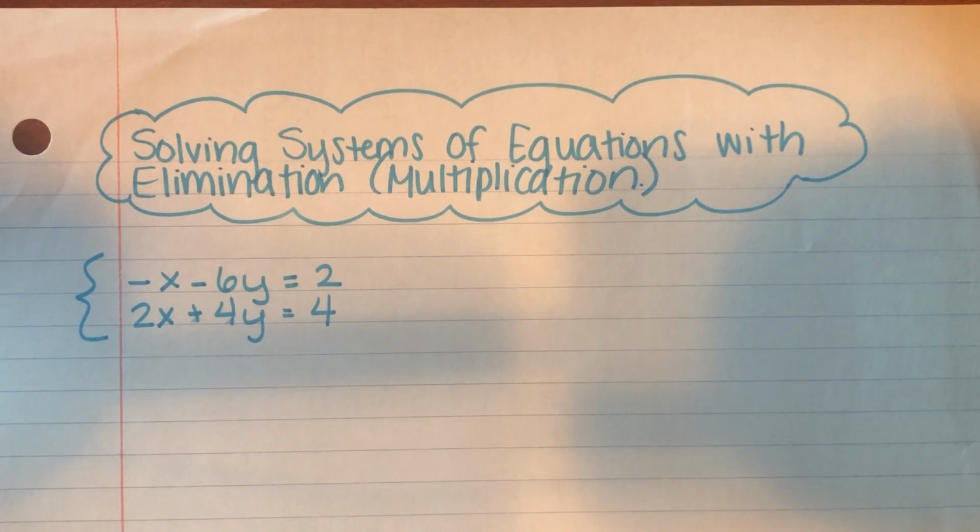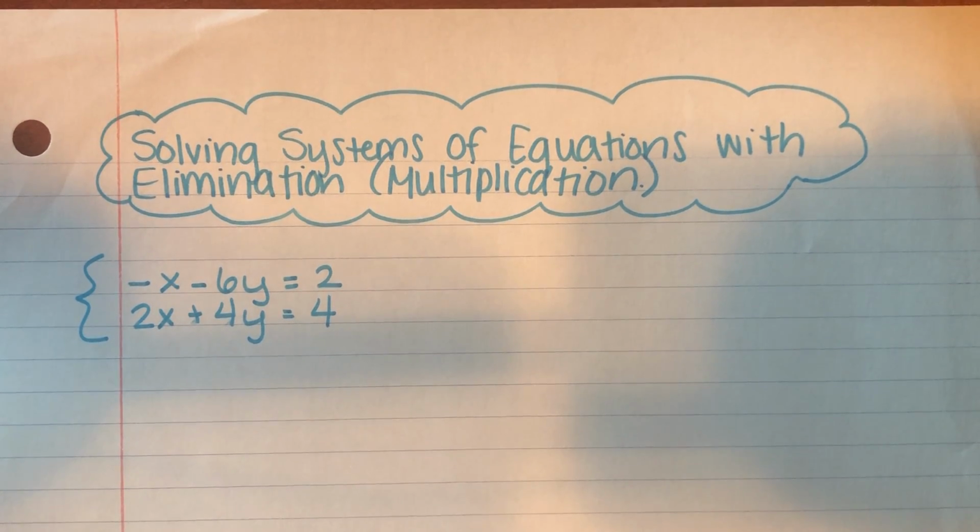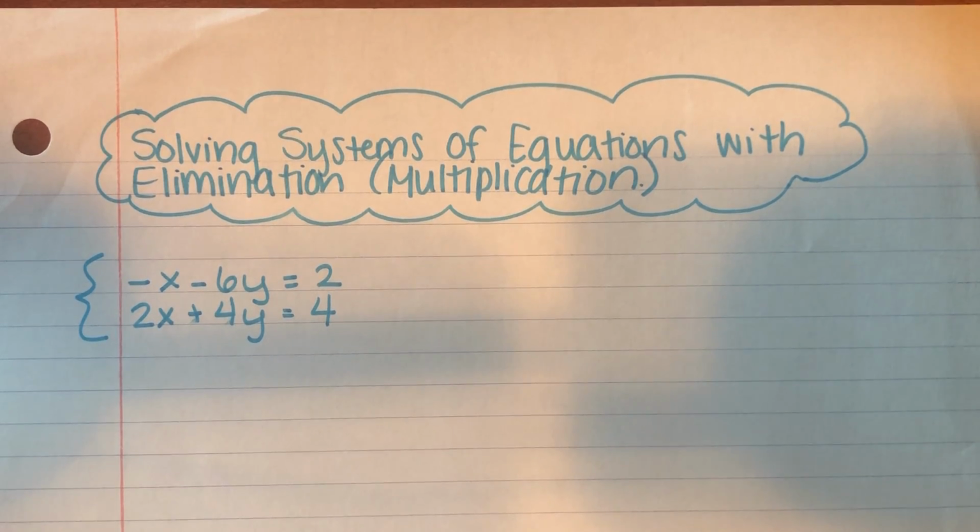We are continuing on with solving systems using elimination, and today we're going to talk about when we need to multiply before we can eliminate one of our variables. So remember, when we're eliminating a variable, we want to look for additive inverses.